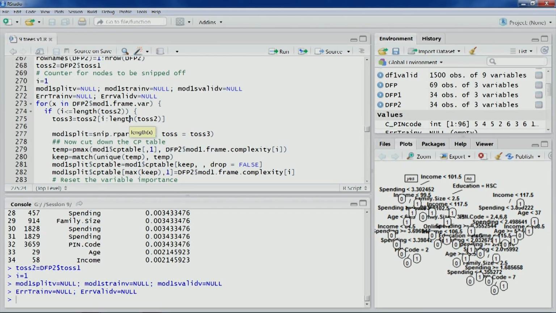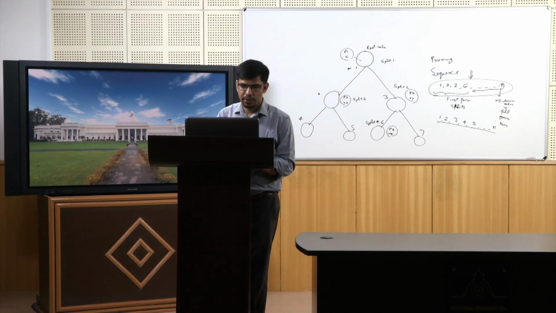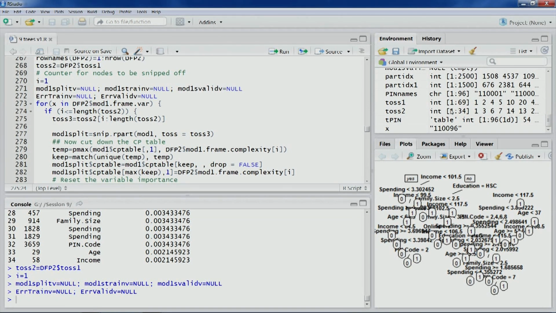So first we start by pruning all nodes, then from node number 2 in the sequence, not node number 2 actually, but node number 2 in the sequence as stored in toss2. To show you the toss2 values, you can see toss2 has 34 values, while the actual unique node numbers go up to 136.